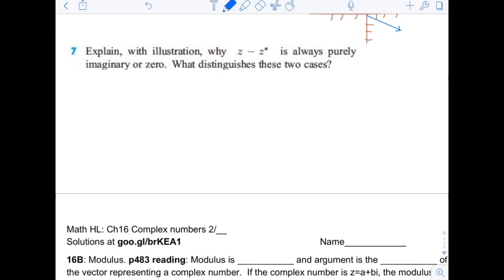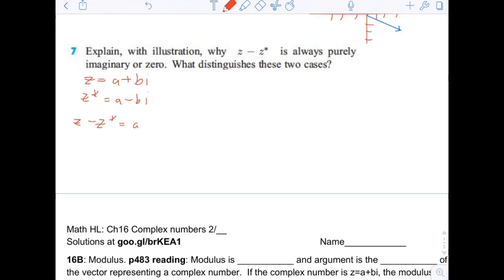Explain with an illustration why z minus z conjugate is always purely imaginary or zero. What distinguishes these two cases? First of all, let's do an algebraic version. Let's say that z is a plus bi, and z conjugate is equal to a minus bi. Let's do z minus z conjugate.